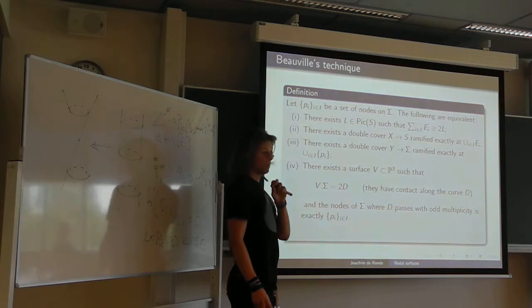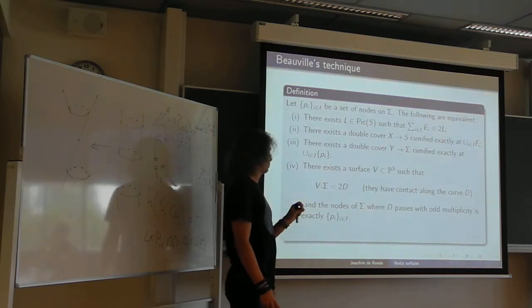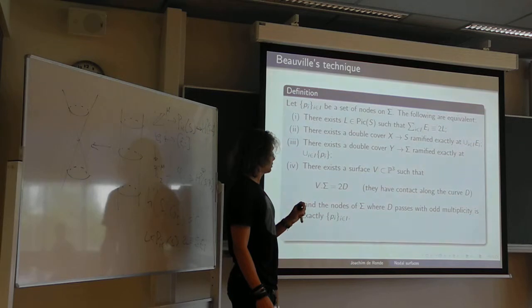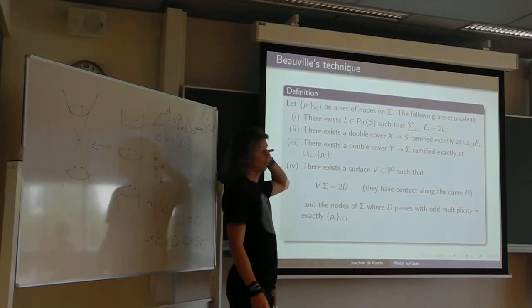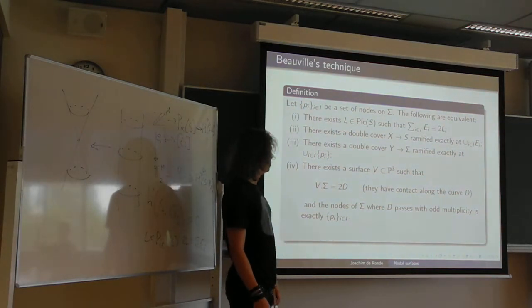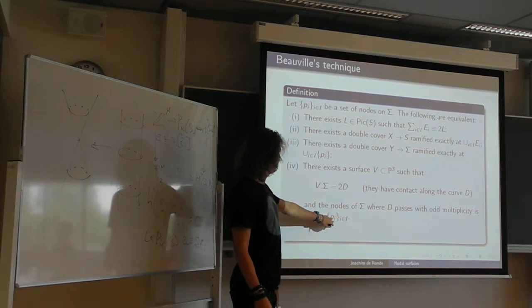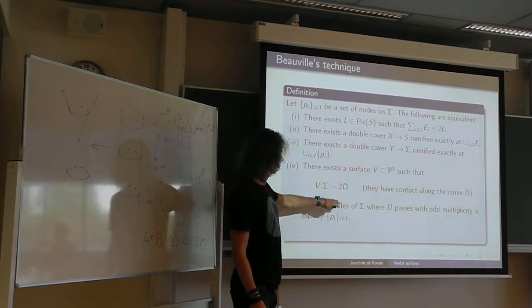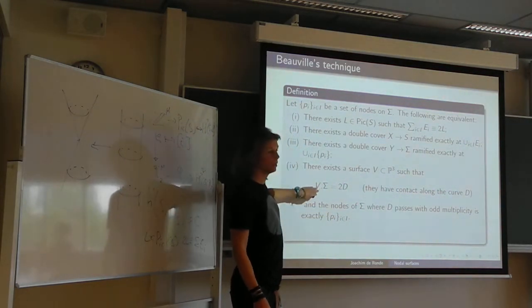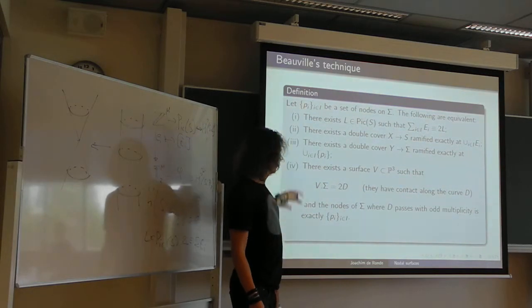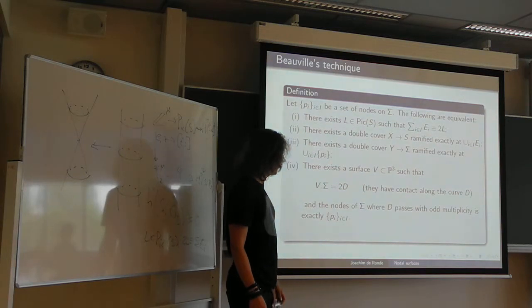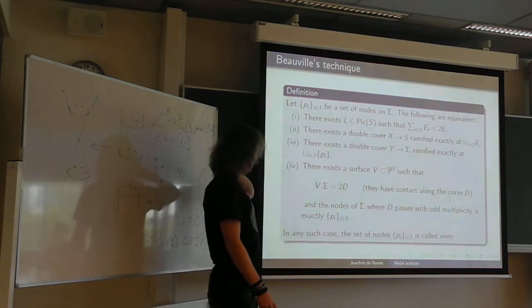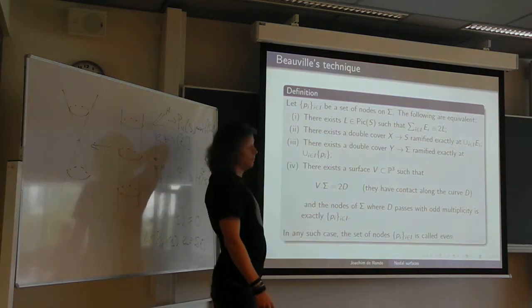If you look at the nodes of sigma where it passes through with odd multiplicity, that's exactly the set of nodes you started with. This means we also say that the set of nodes, V_I, is cut out through D by B. This is only going to matter towards the end of the presentation again. But in any case, if such a condition holds, we call the set of nodes V_I even.